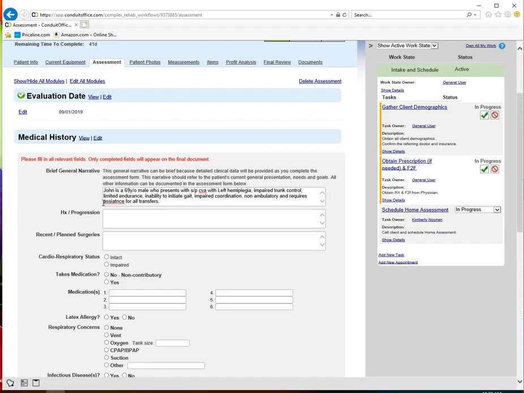Any other diagnoses that we know we can include as well? Patient has COPD, CHF, fib, anything that pertains to the patient's overall decline in function, muscle atrophy, arthritis, any sort of diagnoses and limitations you want to put in.